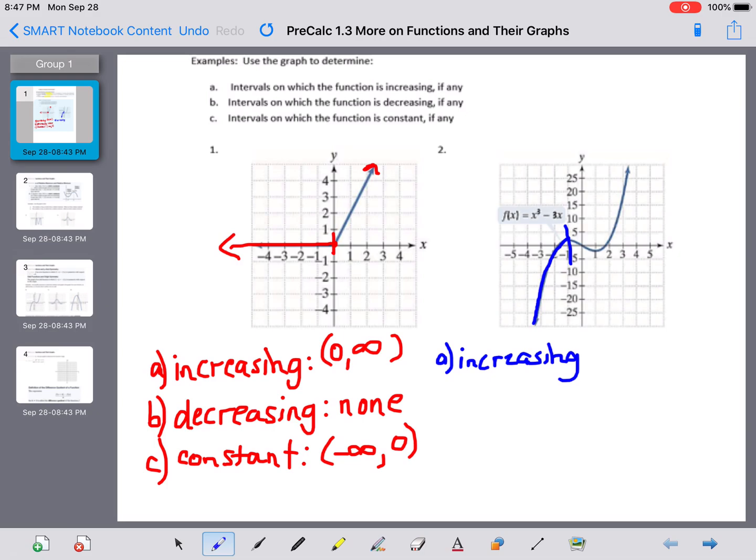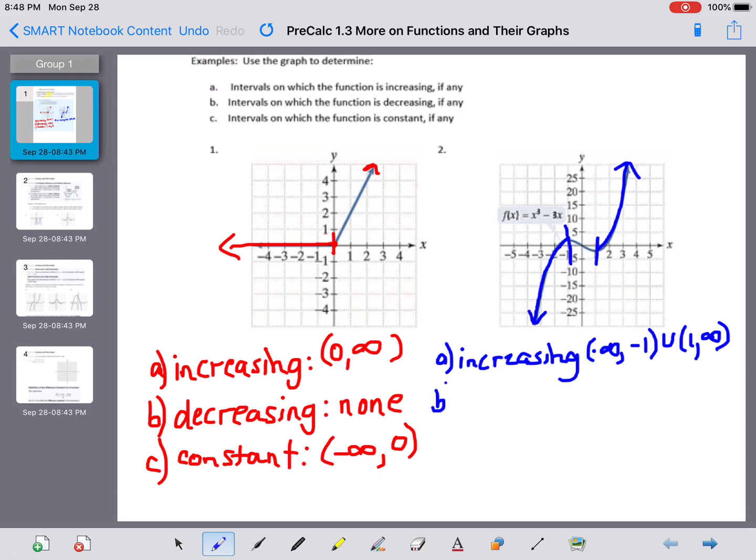Then it starts to decrease. Then from here to here, it's also increasing. So I actually have 2 intervals. My first interval looks like its far left is negative infinity, and it increases until I get to the x of -1. We always go with the x value. I also have an interval that starts at +1 and goes to positive infinity, and those are also increasing. Because I have 2 intervals and they're both part of the answer, I put a union between them.